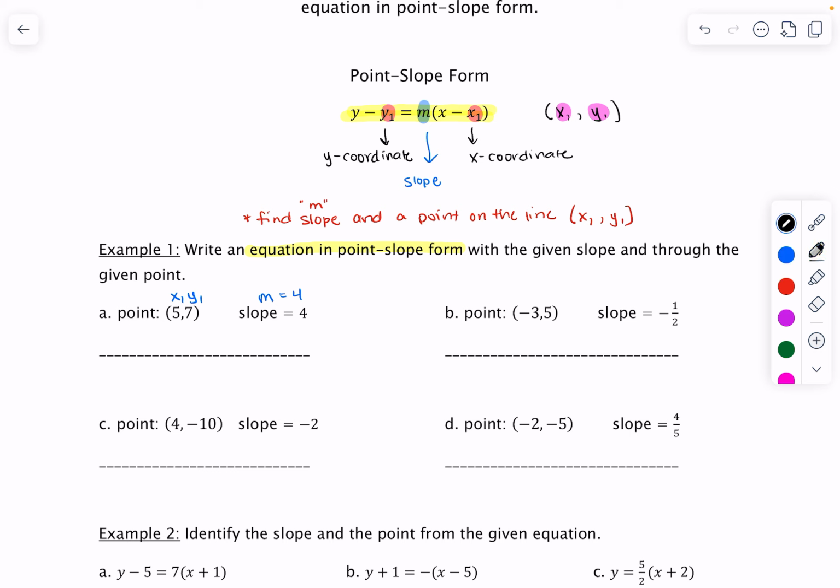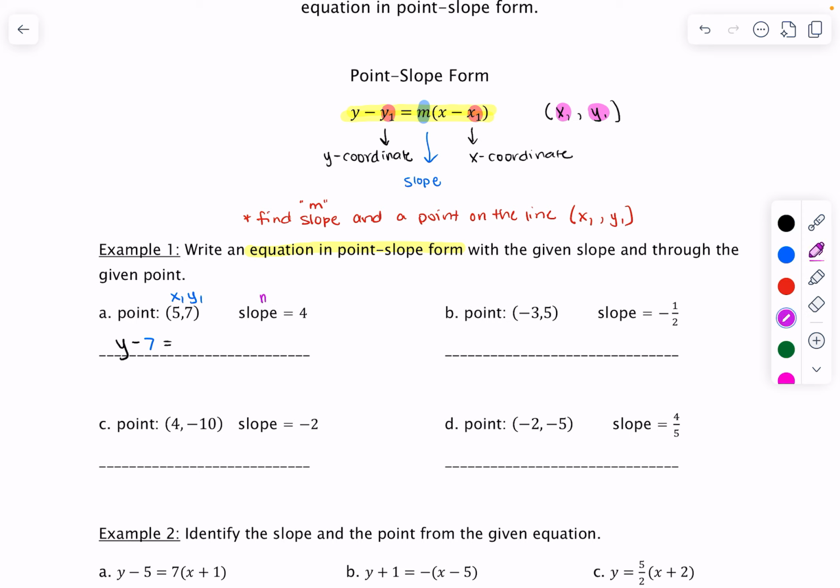When I do this, I keep the y from the form, y minus y1. I put in the minus from the formula, and then 7, because 7 is the y1, and then equals m, which is 4. I'm going to use purple for that m being 4.